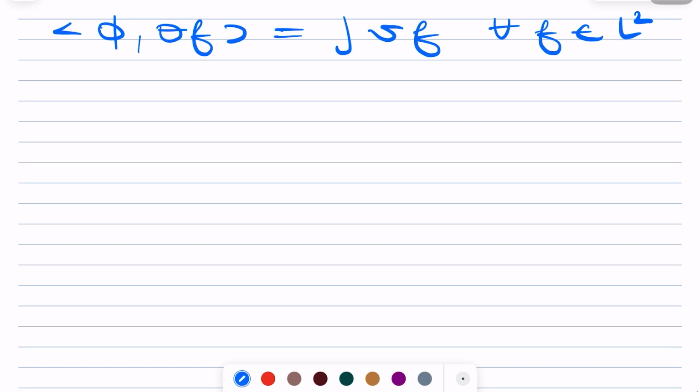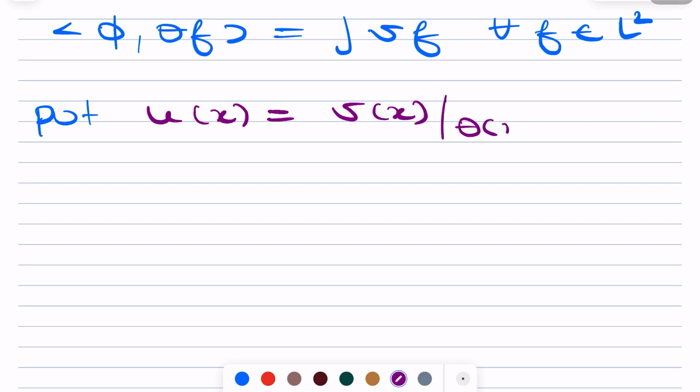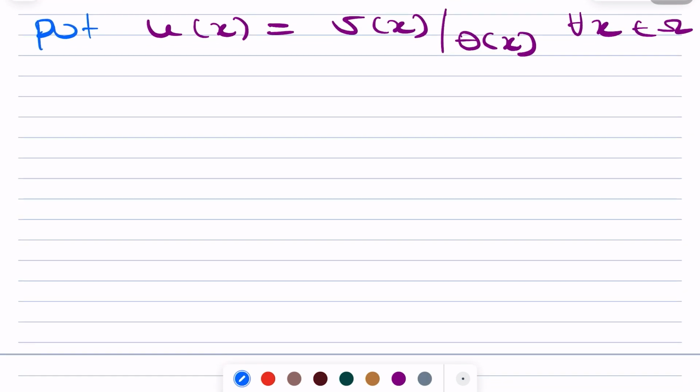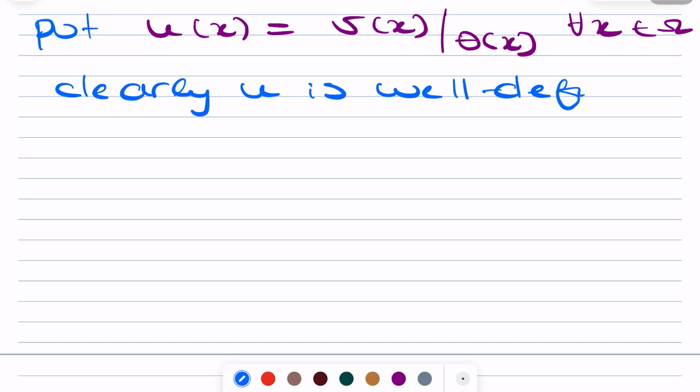Now put u of x equals v of x divided by theta of x, for every x in omega. So clearly u is well defined, since theta was constructed in such a way that it's strictly greater than 0 on omega.